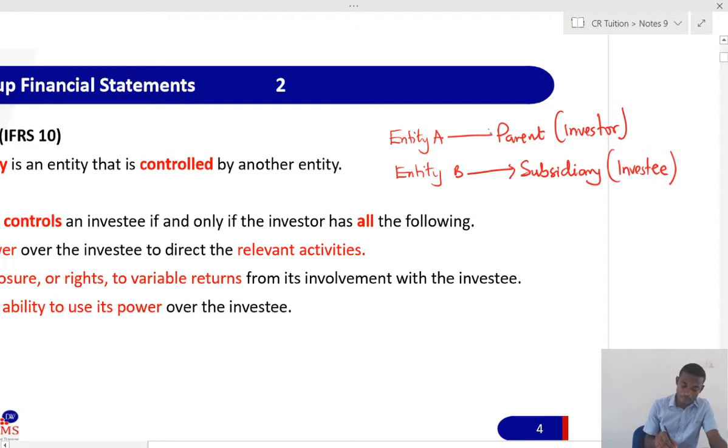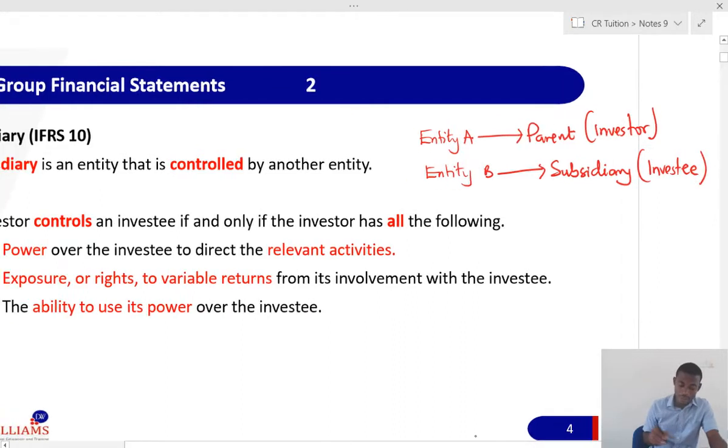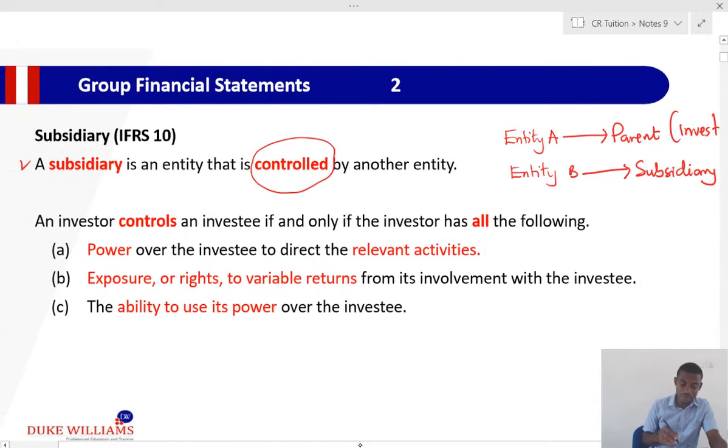So it's important we have this distinction, that a parent controls a subsidiary. But what is the key point about control? On the face of it, we say that the investor controls or owns the majority of voting rights.